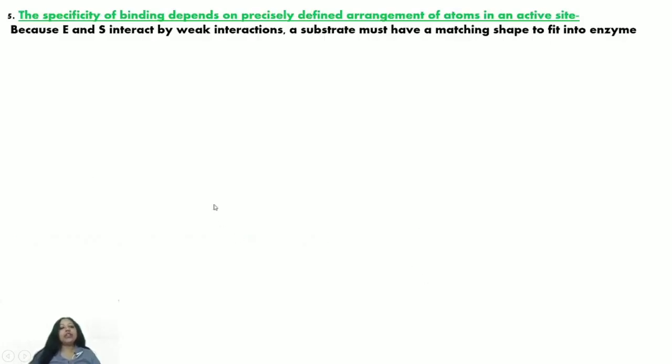Now coming to the next property of the active site, which is the final and most important property of the active site, and which is specificity. The specificity of binding depends on a precisely defined arrangement of atoms in an active site.